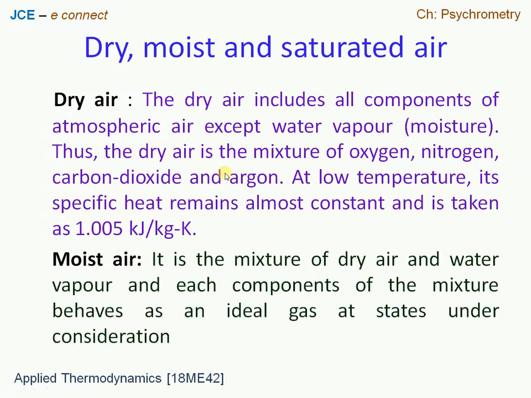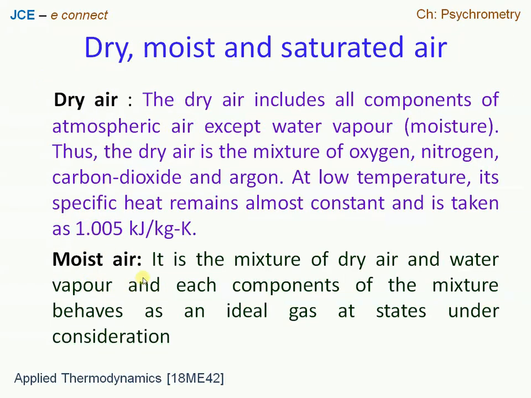Now moving further, what is moist air? Moist air is basically a mixture of dry air and water vapor, and it is assumed to behave as an ideal gas at states under consideration. So this is about the moist air. Now we understand what is dry air and what is moist air.